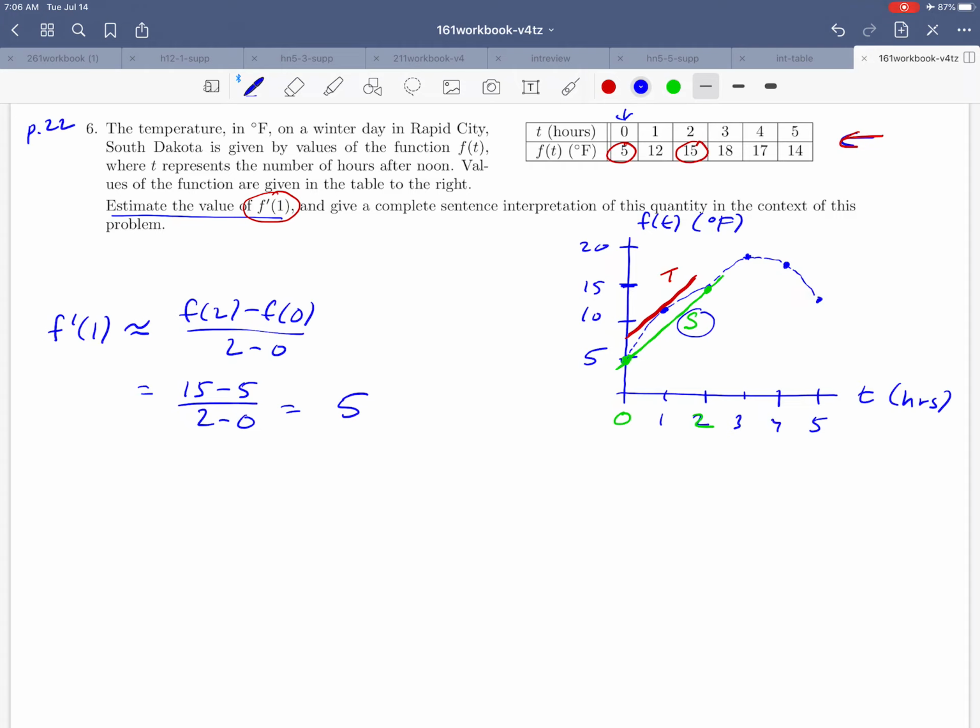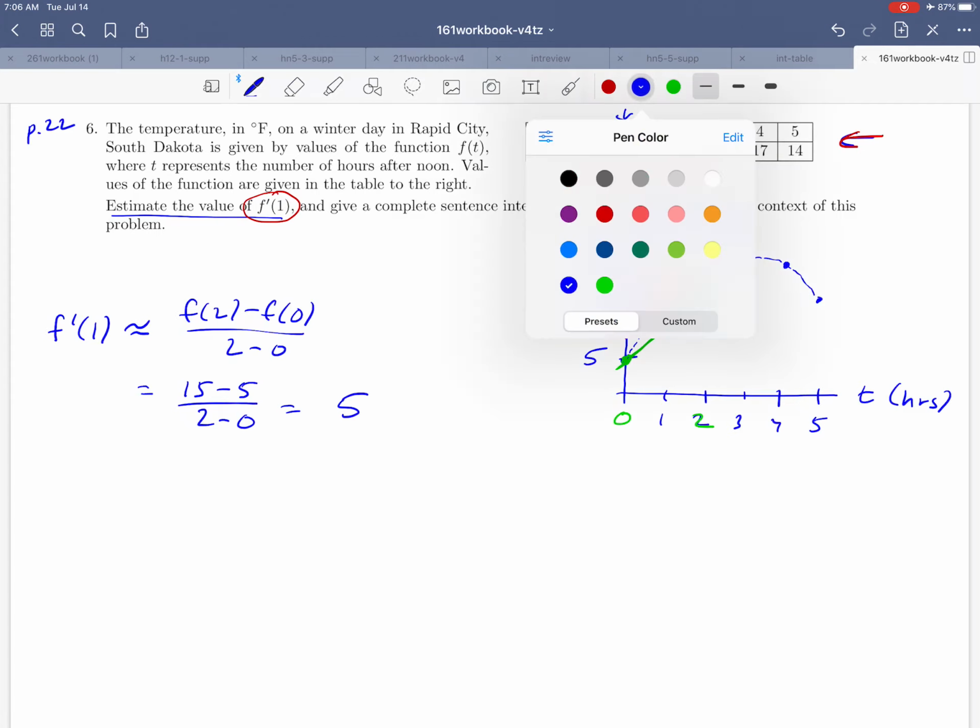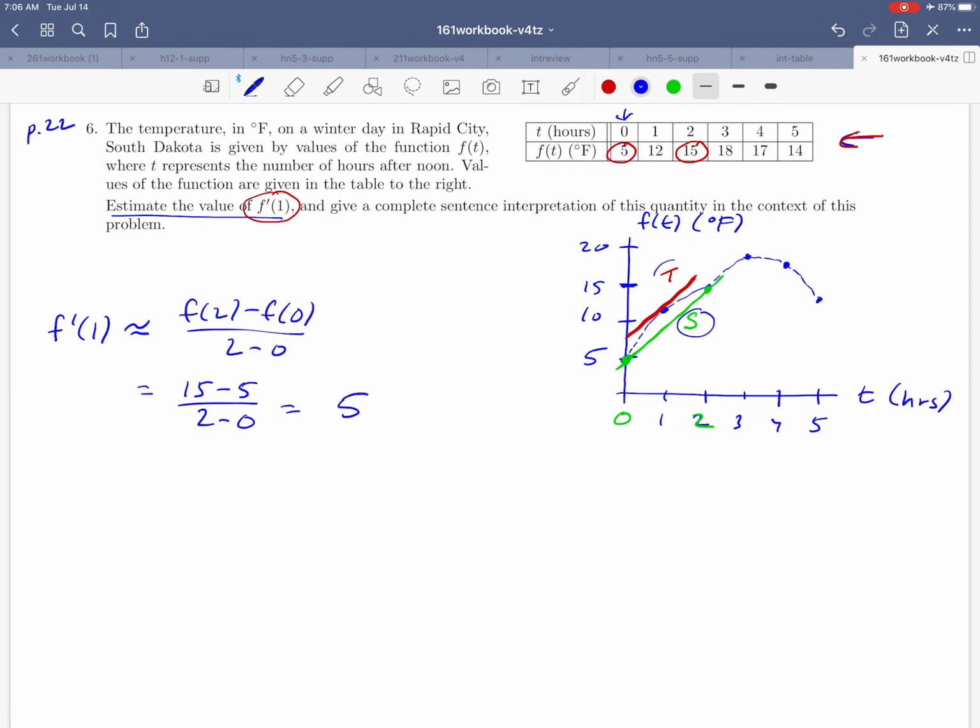Now the question is, what does it mean? Well, let's think units here. That's an estimate of the slope of the tangent line t that we're looking at here. So the units should be units of rise over run, meaning that we should be getting degrees Fahrenheit per hour as our units.